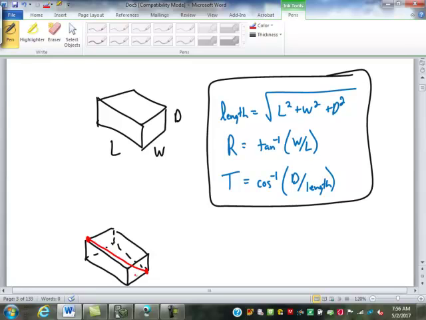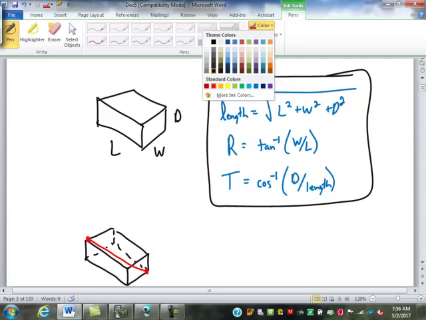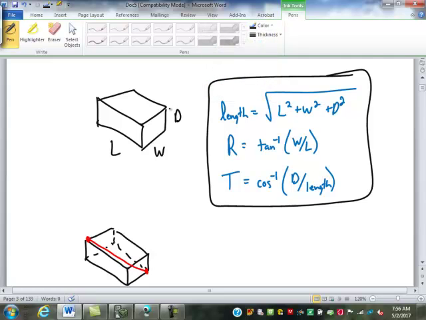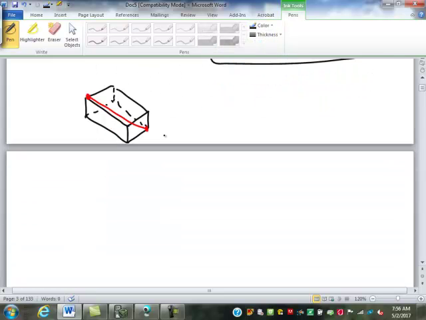You've got to be able to switch them around and figure out what your angles are. Well, the next thing we're going to look at is, what if I don't give you those lengths? What if instead of those lengths I give you angles?